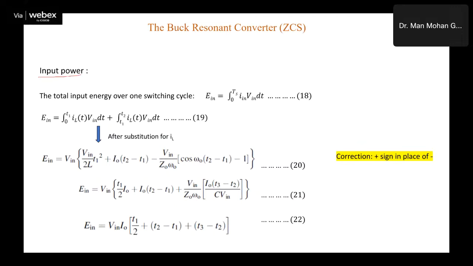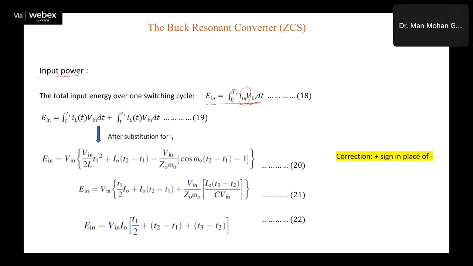So input power and output power both should be the same. So what we can do, we can find the input power and then make it equivalent to output power. So what is the input power? Input power is V input into I input, right?